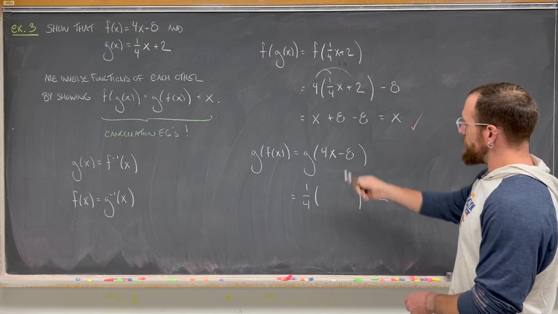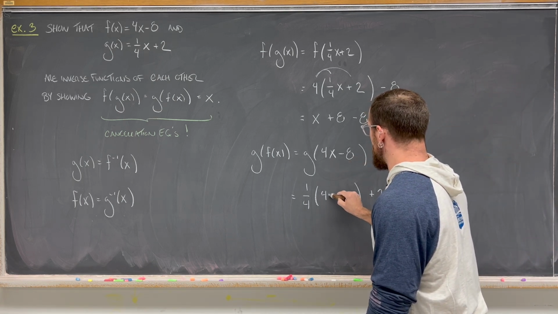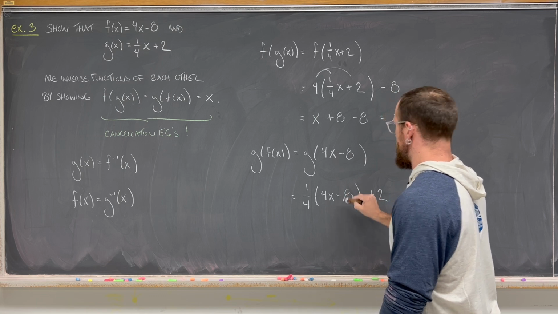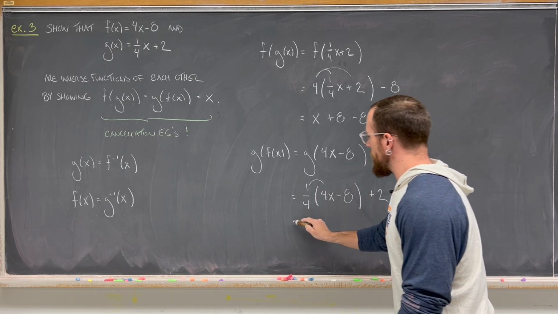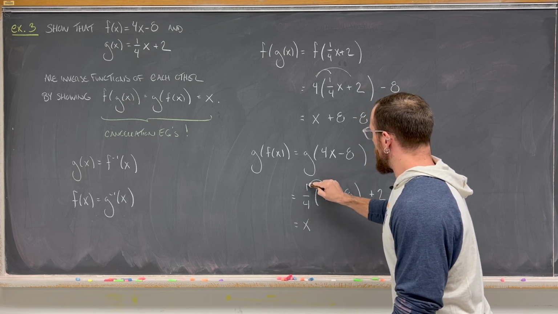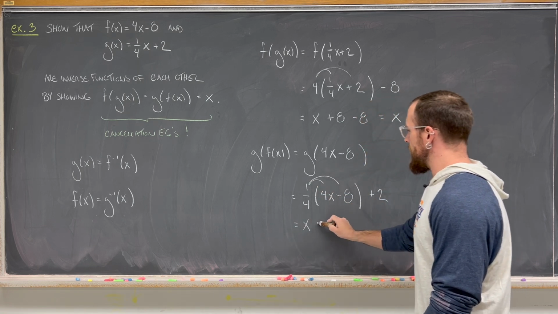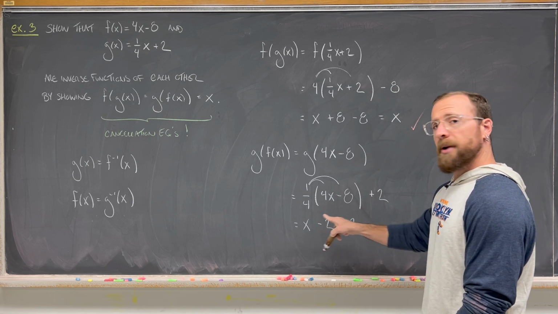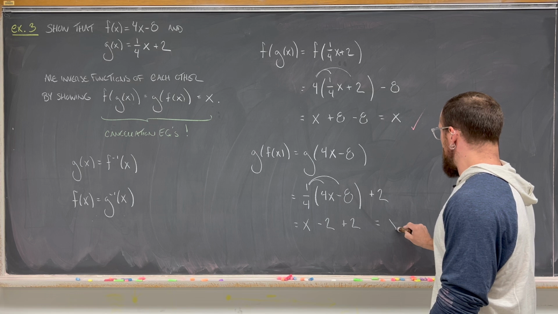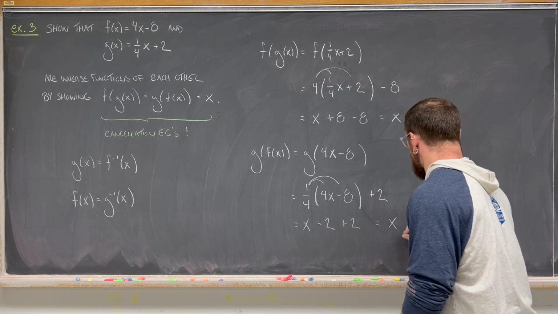So if the input happens to be 4x minus 8, this is what it is. If you distribute the 1/4, 1/4 times 4x is x. 1/4 of negative 8 is negative 2. And we still have to add 2. So this is x minus 2 plus 2. That is x. So this works.